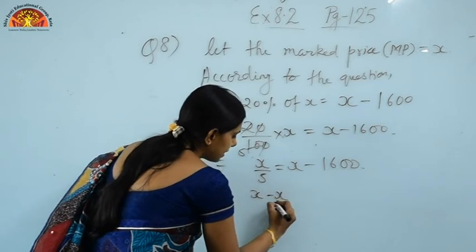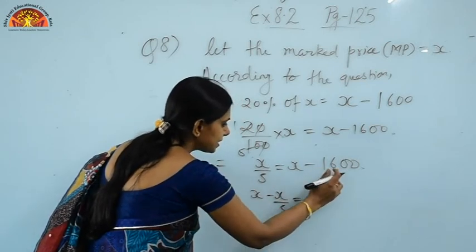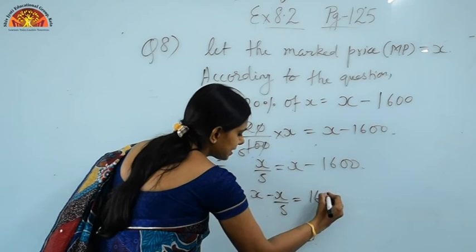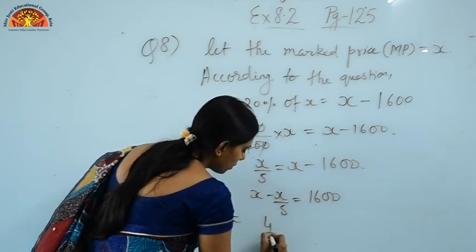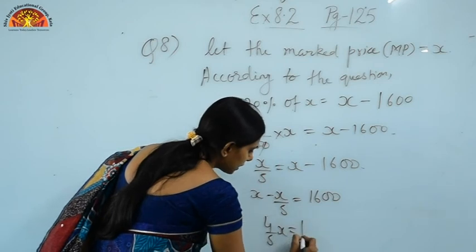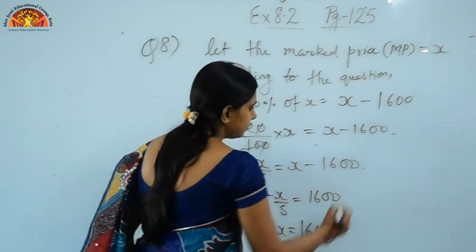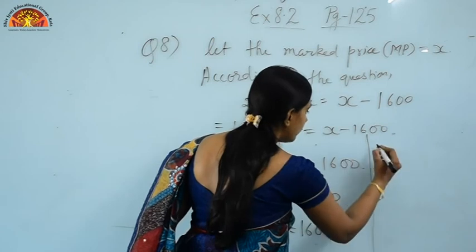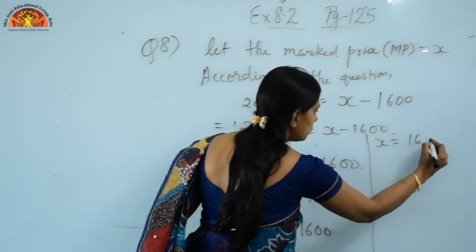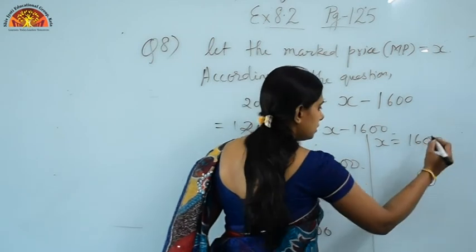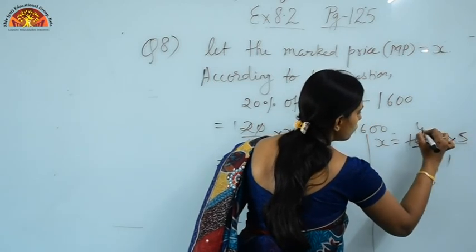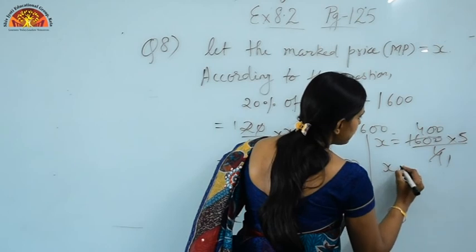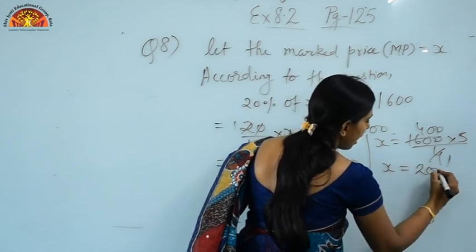So x minus x upon 5, and this minus 1600 will become plus 1600. When you take the LCM, it will become 4 upon 5 x is equal to 1600. Now you can solve for the value of x. x is equal to 1600 into 5 upon 4. So 4 ones are 4, 4 4s are 16. So x is equal to rupees 2000.